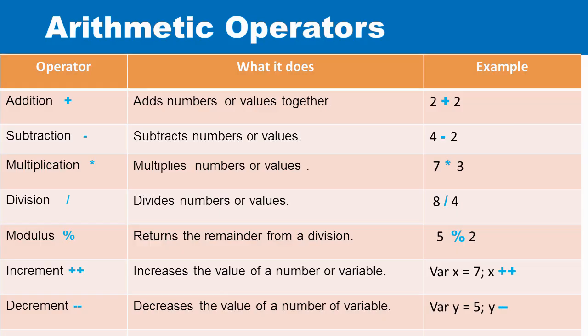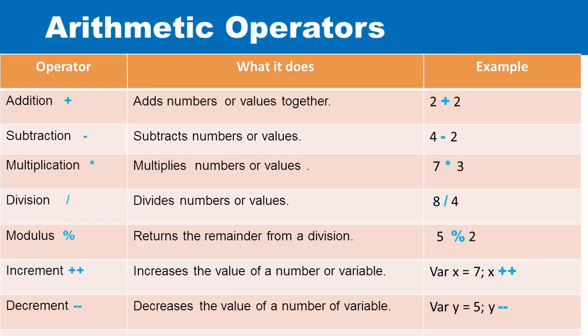Example, 4 subtract 2. Next, we've got the multiplication operator, which is basically used to multiply numbers or values. Example, 7 times 3. In programming and in JavaScript, multiplication is represented by the asterisk symbol.